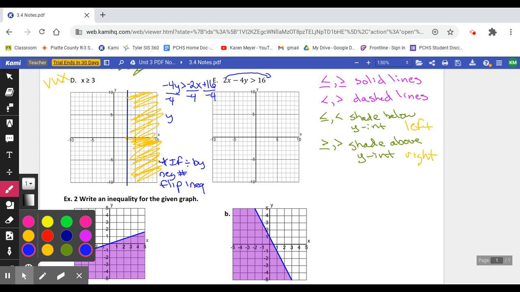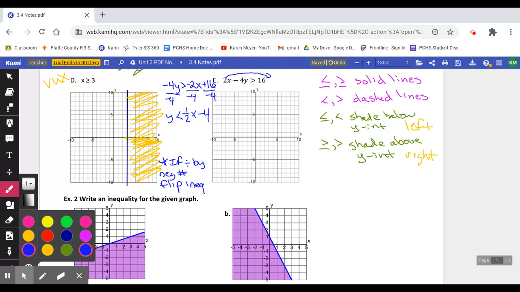Very important to remember that. So now it becomes y is less than negative 2 over negative 4. Well, a negative over a negative makes a positive, and 2 over 4 reduces down to 1/2. And then 16 divided by negative 4 is negative 4.